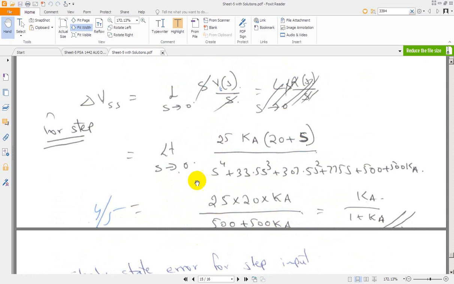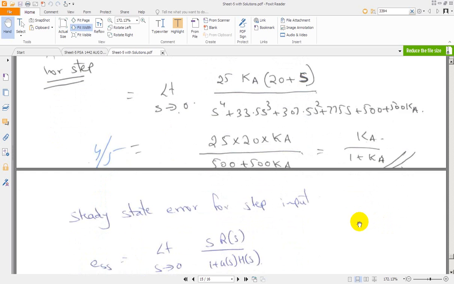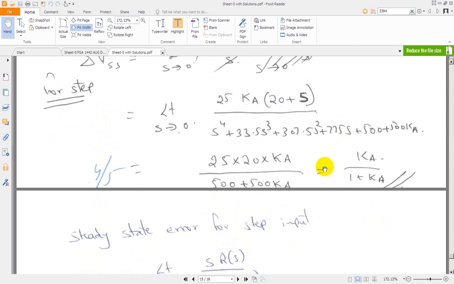If we substitute s tends to 0, this parameter 25 into 20 into kA divided by 500 plus 500 kA. From this parameter will become 0, so we will get 500 divided by 500 plus 500 kA. This 500, this 500, this 500 will be cancelled. You will get kA divided by 1 plus kA. This forms your steady state response.